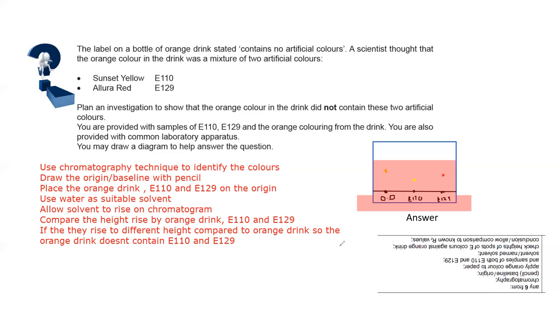Sometimes the question mentions it is not water soluble, so you will mention alcohol in that case. With a different solvent, the height to which the spot rises may change, but if it is not the same substance, it will not level up. Is it clear? This experiment is worth 6 marks. Is it clear to everyone?